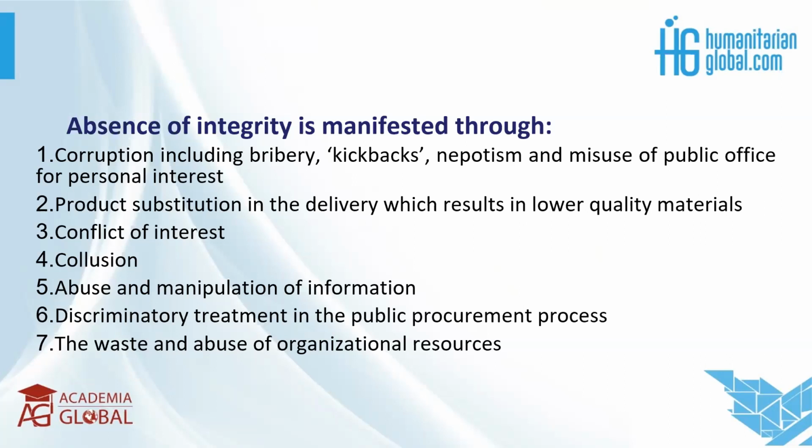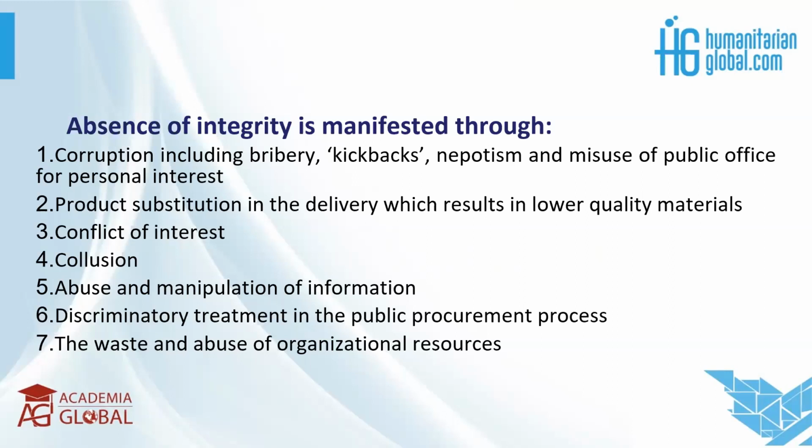Kickbacks is where you receive a gift from a supplier, and I'm going to define all those terms in the coming slides. The second one is product substitution in the delivery, which results in lower quality materials. How this might show itself in procurement is, for instance, you have a purchase order. A purchase order is the document that you give to the supplier.